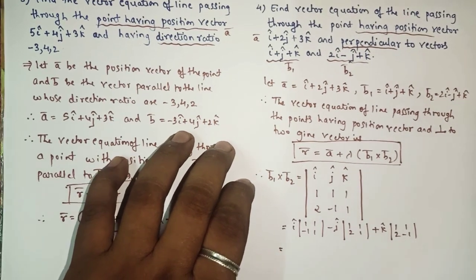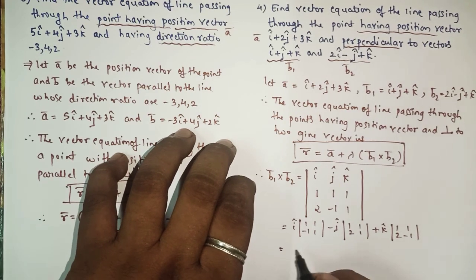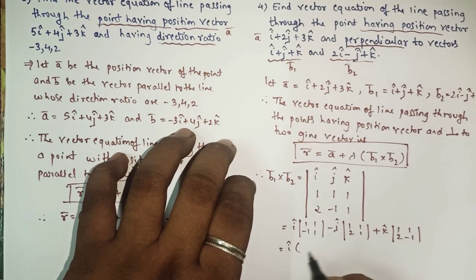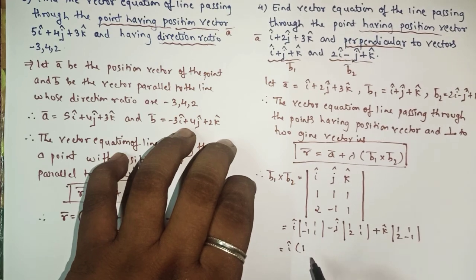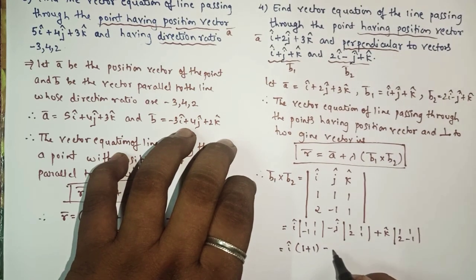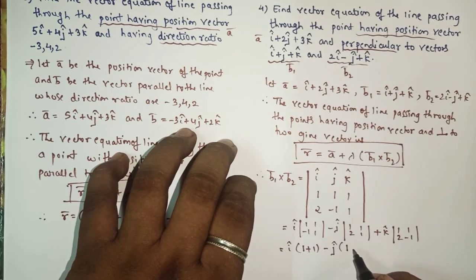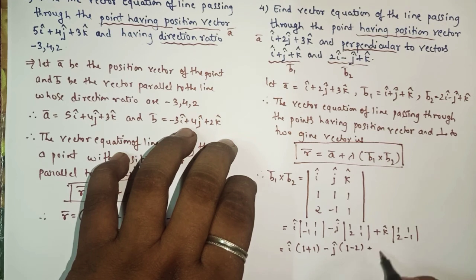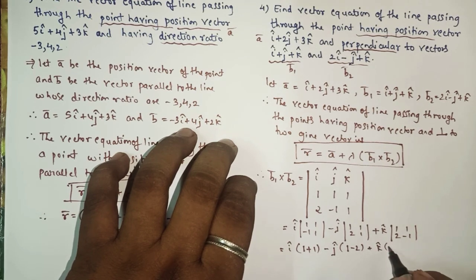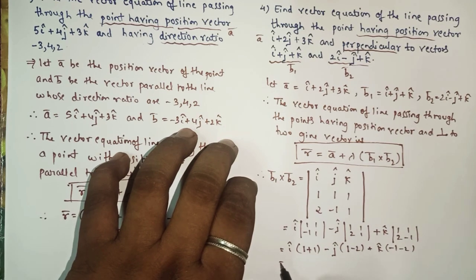After this, what will it be? 1 times 1 is 1, so when you cross this part, this will be plus 1, minus j times (1 times 1 minus 2). So this will be minus 1, and this part will be minus 2, so 1 plus 1 is 2.